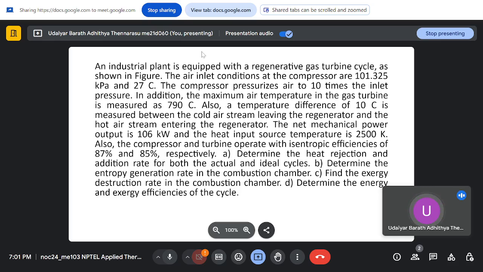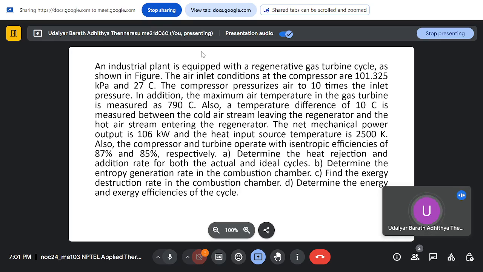The air inlet conditions to the compressor are 101.325 kilopascal and 27 degrees Celsius. The compressor pressurizes air to 10 times the inlet pressure. In addition, the maximum air temperature in the gas turbine is measured as 790 degrees Celsius. Also, a temperature difference of 10 degrees Celsius is measured between the cold air stream leaving the regenerator and the hot air stream entering the regenerator.